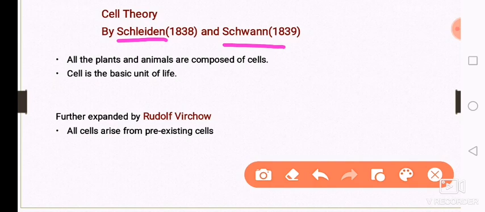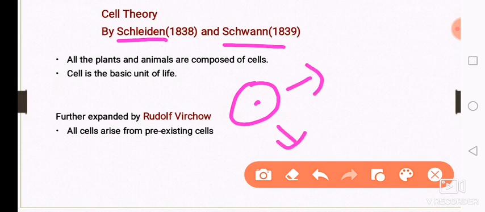He said that old cells divide to produce new cells. That means new cells arise from pre-existing cells. In the last lecture I told you that cells divide, and we are going to study cell division at the end of this chapter.